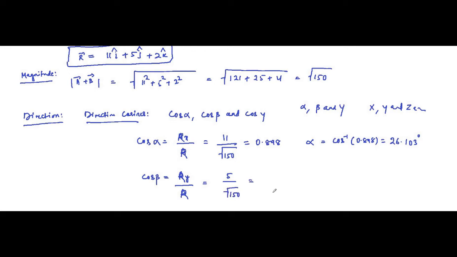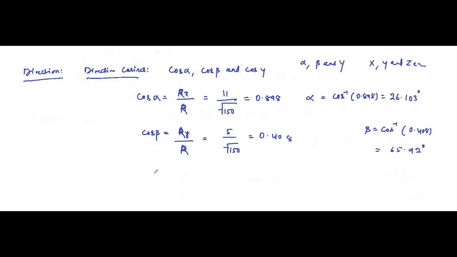So the result is coming around 0.408, and cos inverse of that will be equal to beta, which is equal to cos inverse of 0.408, that is equal to 65.92 degrees. So beta is equal to 65.92 degrees.